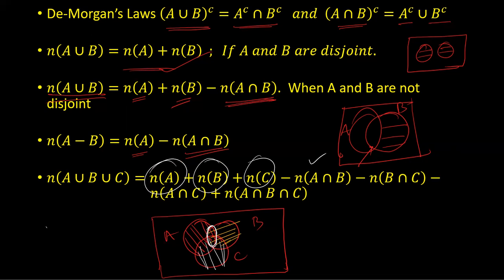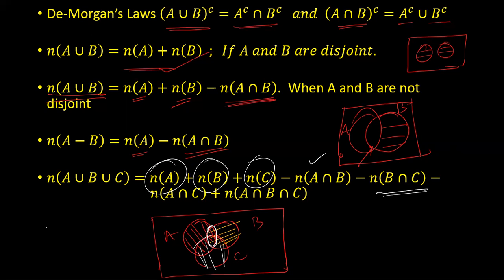Again B intersection C is already counted twice, so we subtract one part.